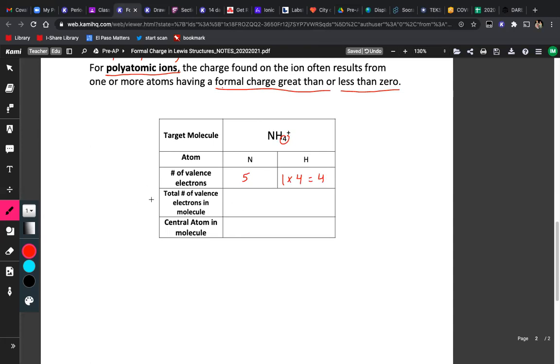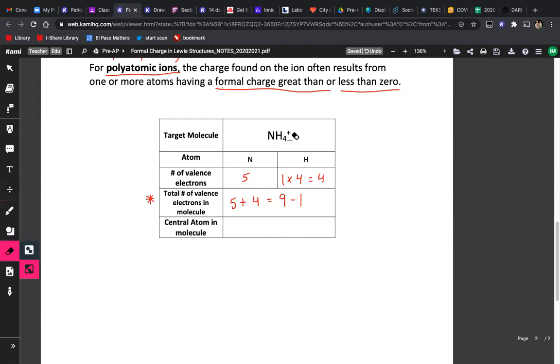Now, this next part is important. If you've been zoning out, please zone back in. The total number of valence electrons, we have 5 plus 4. That gives us 9. We are going to subtract 1. Why? Because we have a charge here.